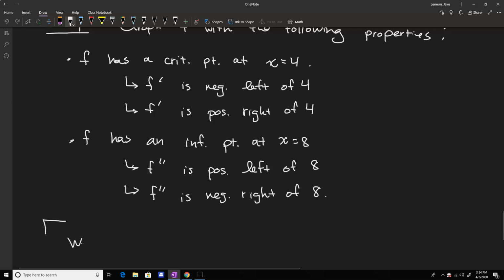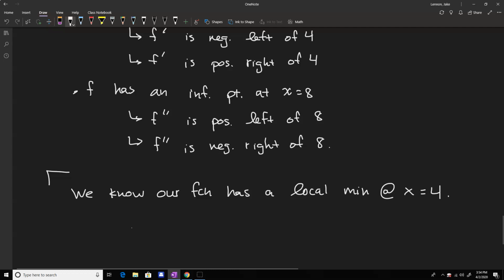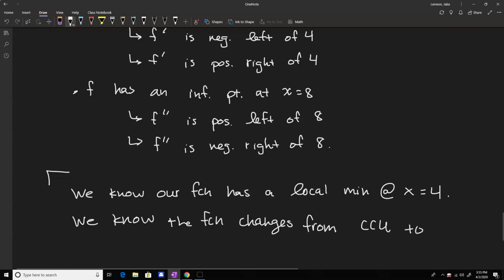So we know our function has at least a local min at x equals 4, and from the second piece of information we know the function changes from concave up to concave down at x equals 8. So we have to kind of incorporate both of those things.